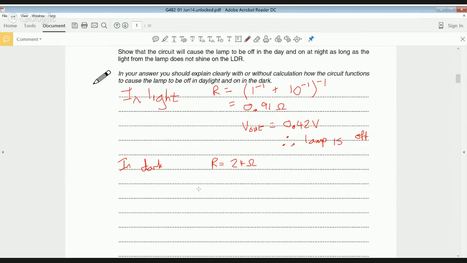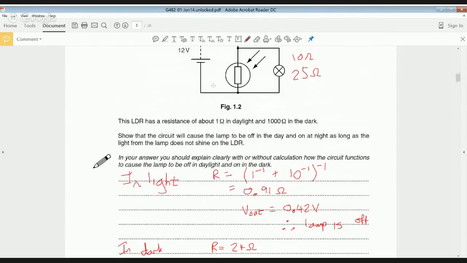And once again, we can plug that into the potential divider equation. I will work through it this time. So V out equals 12, that's V in, multiplied by our R2 here, which is going to be the combination of LDR and lamp.